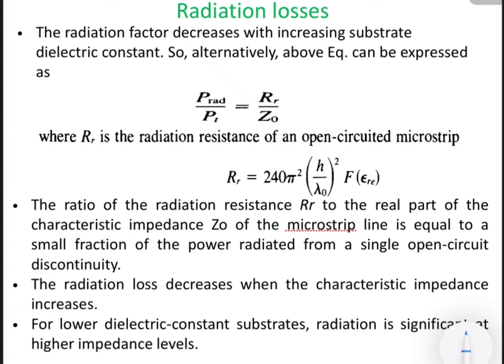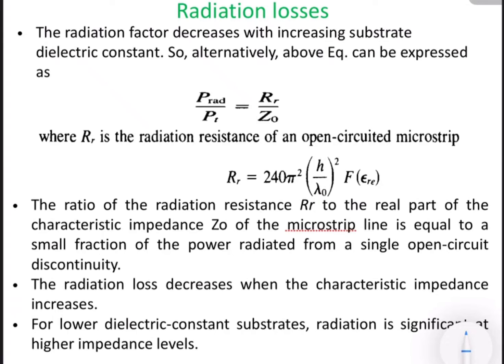Alternatively, the above expression can be expressed as power radiated by power transmitted equal to RR by Z naught, where RR is the radiation resistance of an open circuited microstrip line.